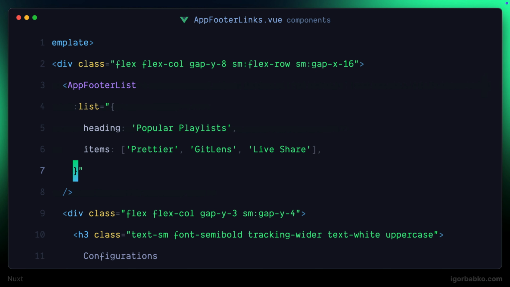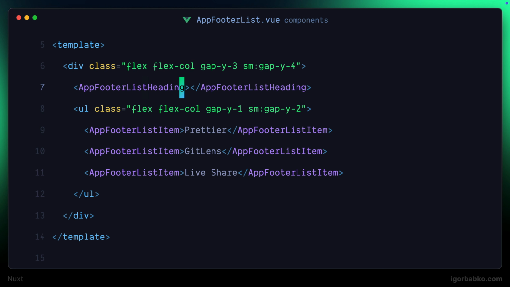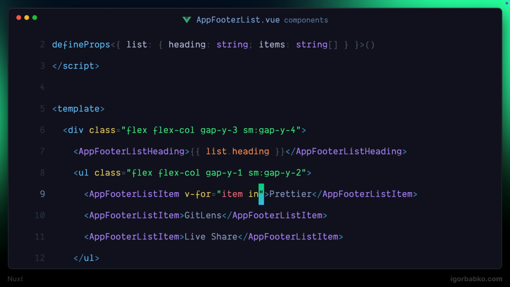Now inside the app_footer_list component, we are ready to interpolate the heading text in this place by simply referencing the heading property, like so. And we're going to use the v-for directive to render app_footer_list_item in a loop several times. So we're going to render this component as many times as many items will be present inside the items array.